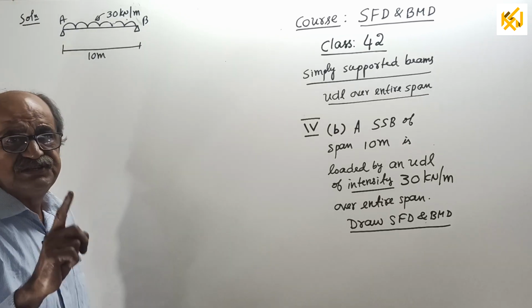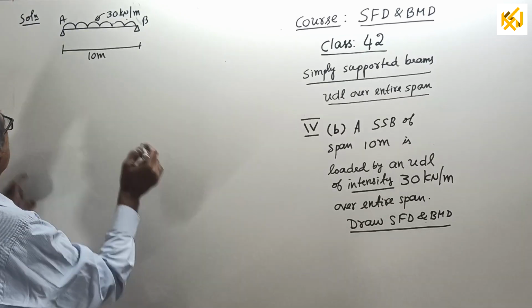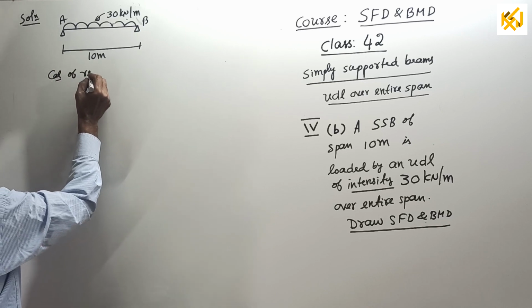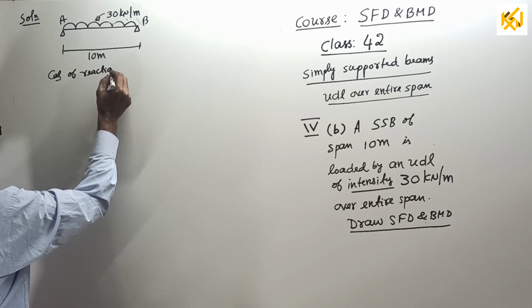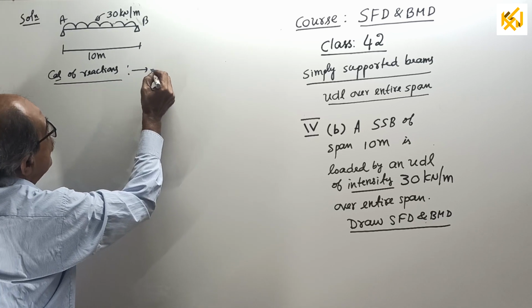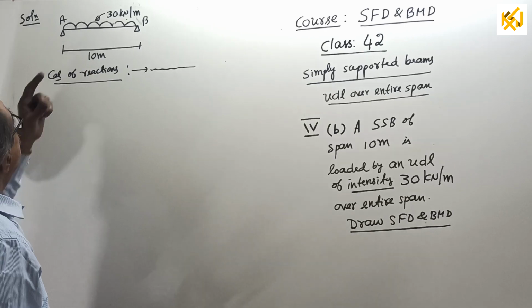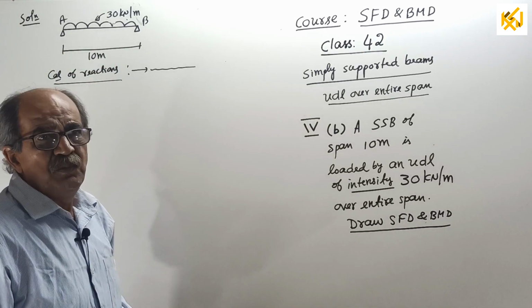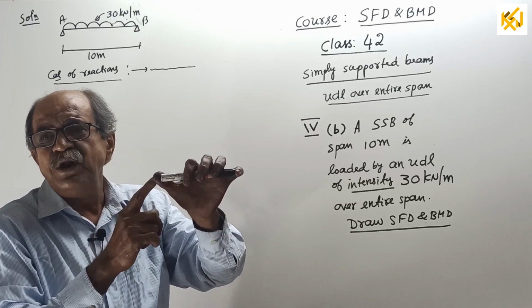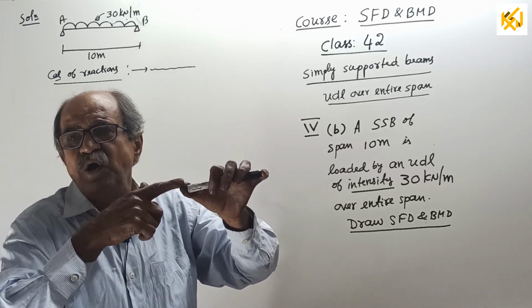See, systematically solve. First step, calculation of reactions. I won't waste time telling vertical reactions, etc. Those who want can write here. Both are simple supports, or it is as good as one hinge, one roller. If a hinge support is there, horizontal reaction is possible.